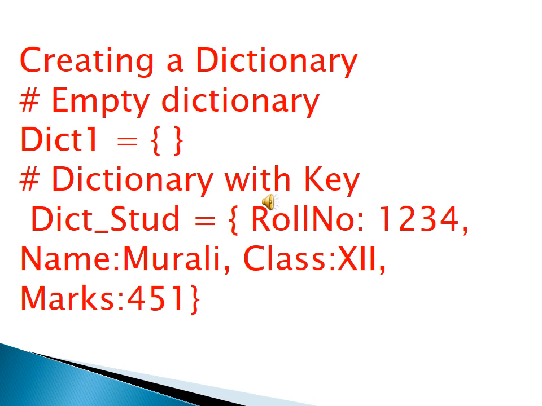The key and its value should be split using a colon. At last we have to close the curly braces. The keys as well as the values should be enclosed within the pair of curly braces.